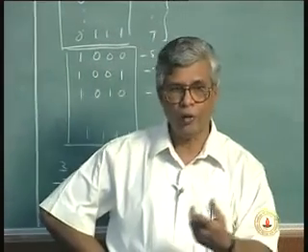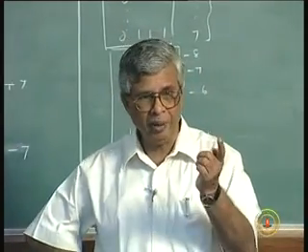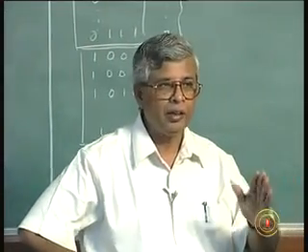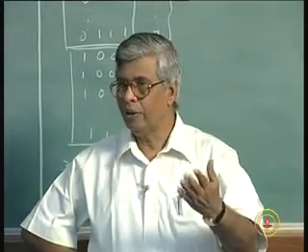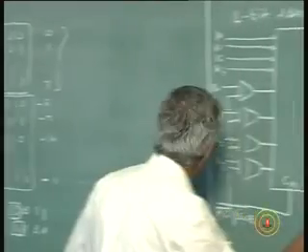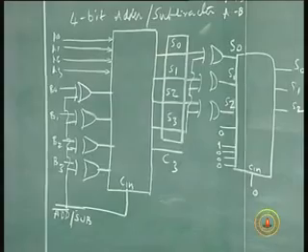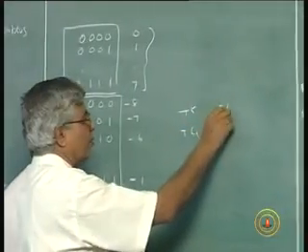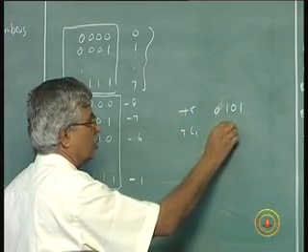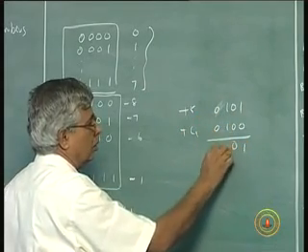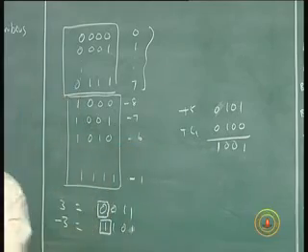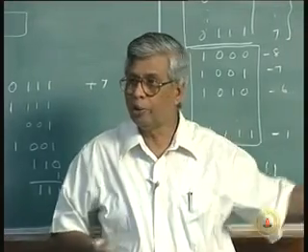9 will be 1, 0, 0, 1, and will be misinterpreted as a negative number. You will think it is a negative number because the sign bit is 1, and you will immediately start taking its complement. So if I add plus 5 and plus 4, I immediately see this negative number because I have a 4-bit representation and the 4th bit is a sign bit.